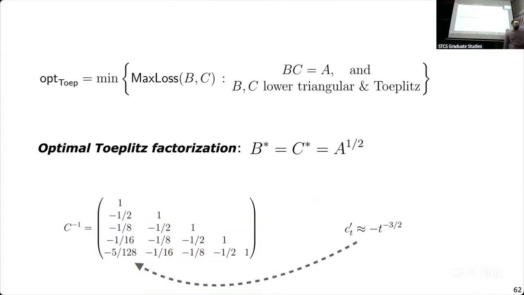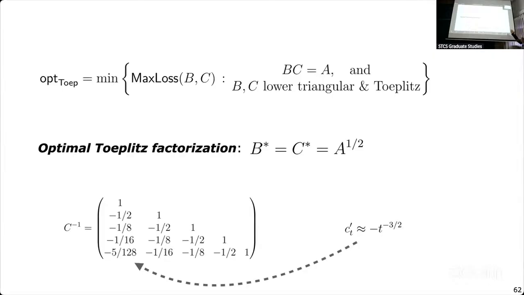And by the way, we can also find that this optimal Toeplitz factorization involves taking B equals C. That's not very surprising because of the symmetries in the row norm and column norm, right? So for a Toeplitz matrix, the row norm and the column norm are equal. The last row has the largest row norm, the first column has the largest column norm, and the elements are the same, right?